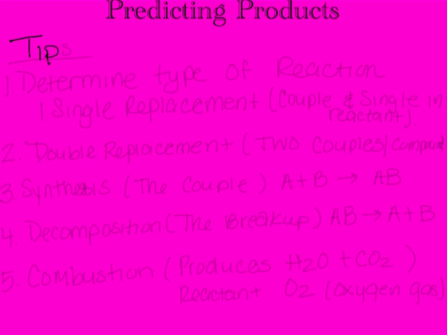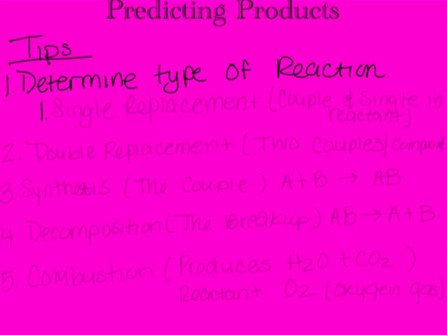All right, so some tips for predicting products. Tip number 1, you're going to determine the type of reaction. Now, this is important to know because there are 5 that we're going to go over today.